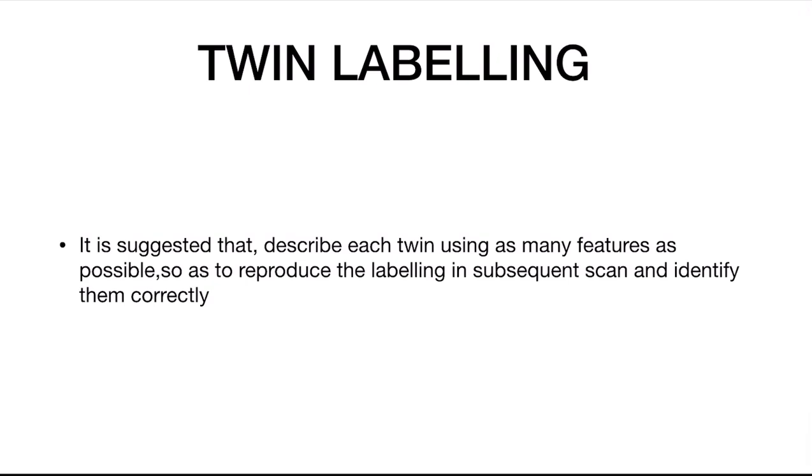So the take-home message from this talk on twin labeling is: describe each twin using as many features as possible so as to reproduce the labeling in subsequent scans and identify them correctly. So if you have a twin A, you tell its lateralization, plus you tell its placenta, plus the cord insertion, for example if the cord is marginal or wherever it is located.